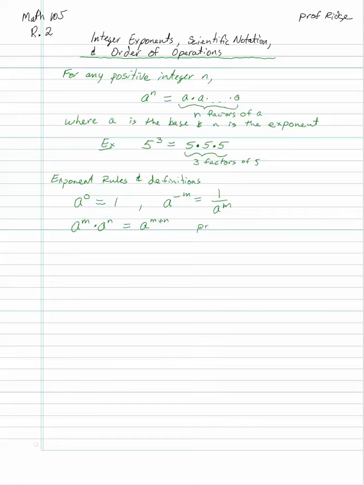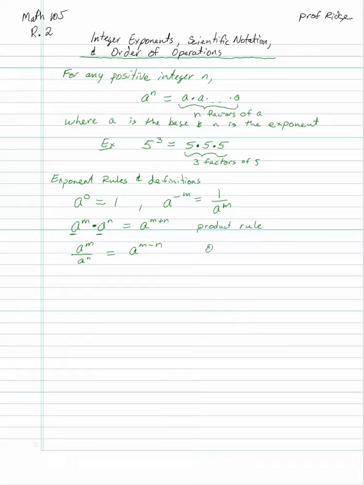So that's the product rule for exponents. And then the quotient rule. The key is you have the same base. If you're multiplying with the same base, then you add the exponents. If you're dividing with the same base, then it should make sense that you're going to subtract.